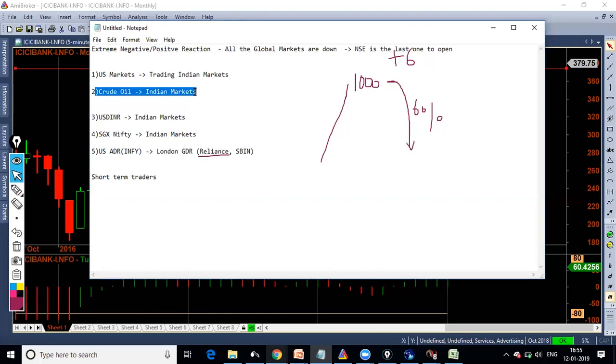Crude oil does a short covering rally, S&P also does a short covering rally. But those odds are not going to be there all the time. Yes, most of the time, some 60% or 70% of the time, that kind of correlation will be there. But the remaining 30% of the time, you are in a position and wondering why it is not happening in your favor. Why is crude oil doing a short covering rally and why is the S&P not following it up?